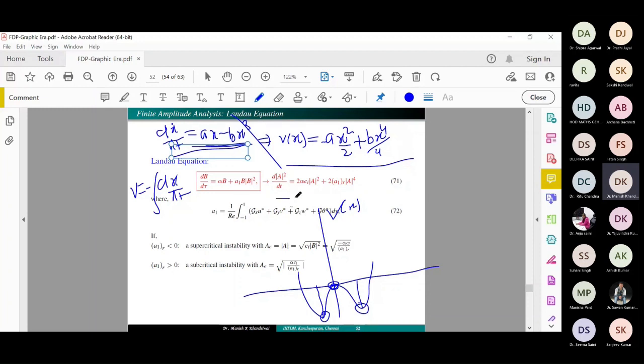So this equation matches the subcritical or supercritical bifurcation in the theory of ordinary differential equations. Here a is nothing but 2α_r, x is nothing but the mod of A squared, minus b, and the A⁴ term is nothing but this ax³. Then we can solve it and develop the bifurcations.